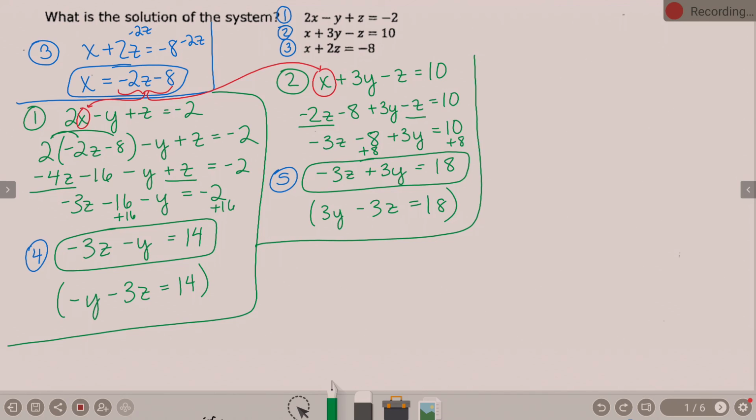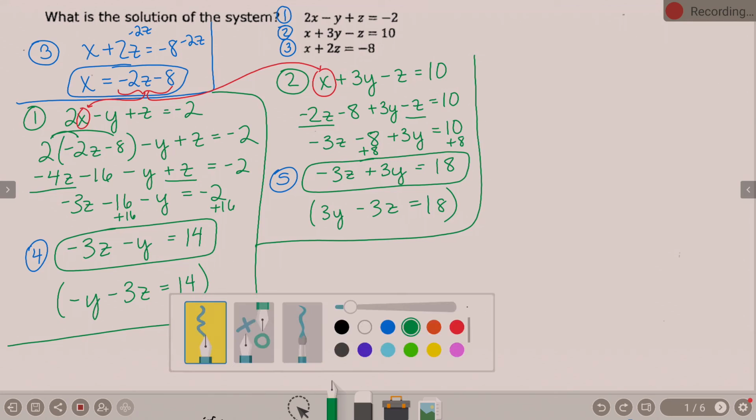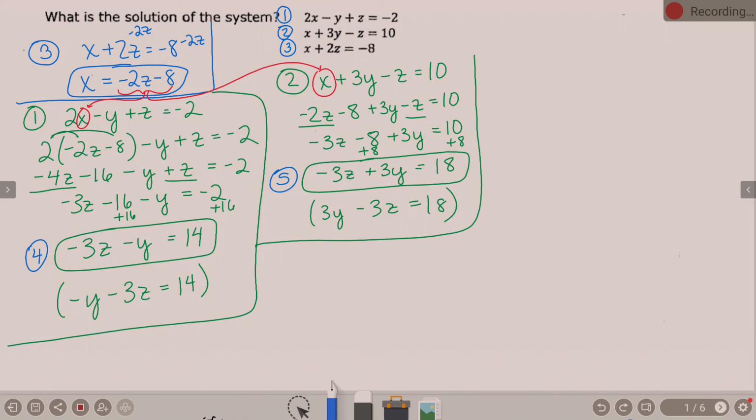We have equations 4 and 5, which 4 is negative 3z minus y equals 14. And 5 was negative 3z plus 3y equals 18.